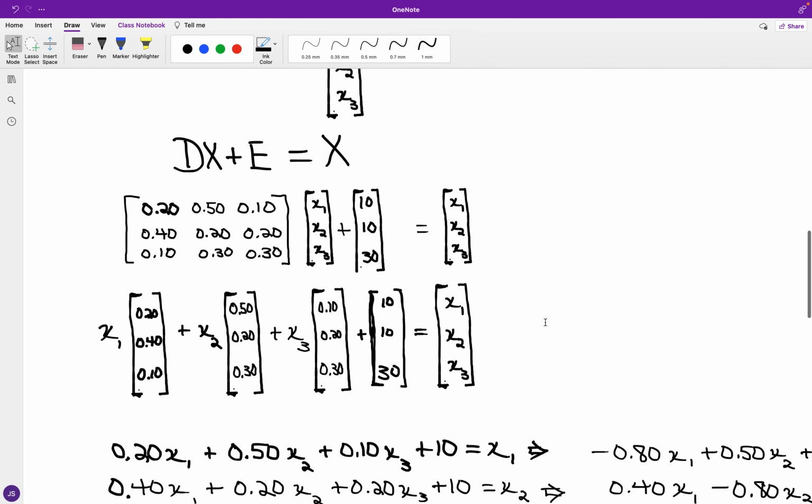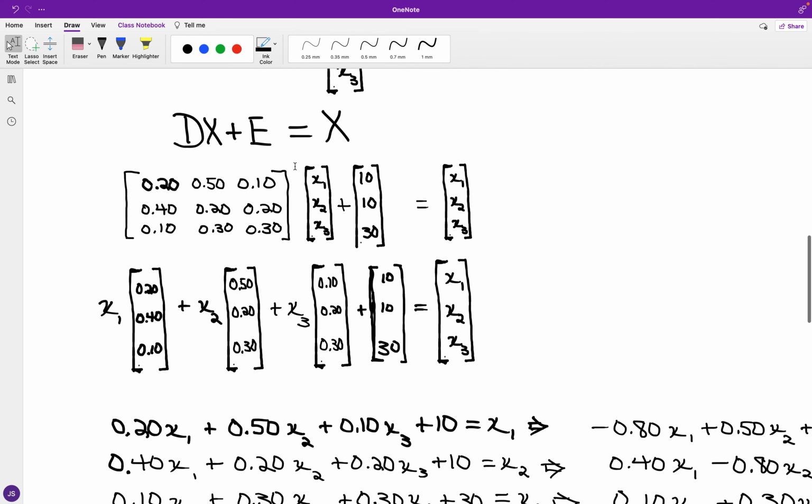Following through on the operation, x of 1 is distributed over the first column in D, x of 2 over the second column, and x of 3 over the last column in D, followed by the addition of the external demand matrix, equal to the output matrix.